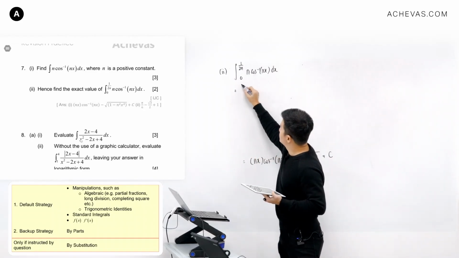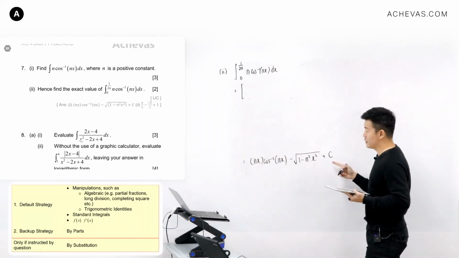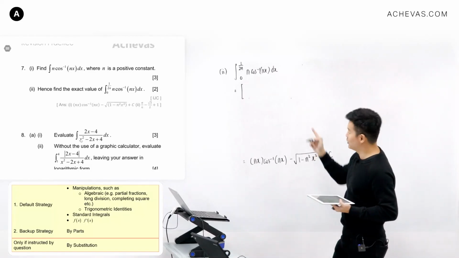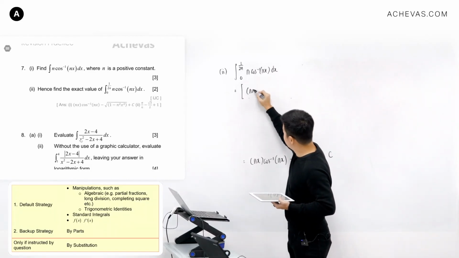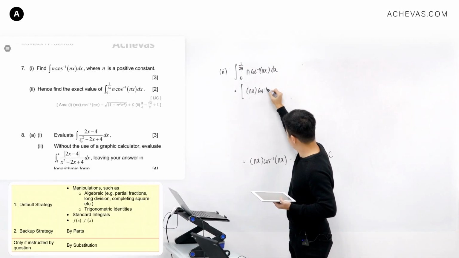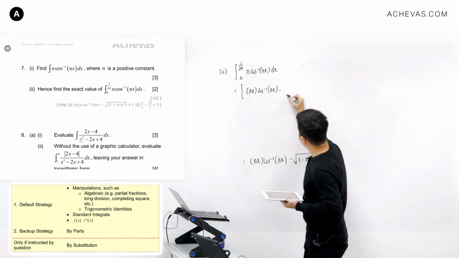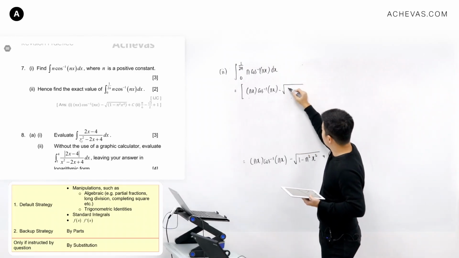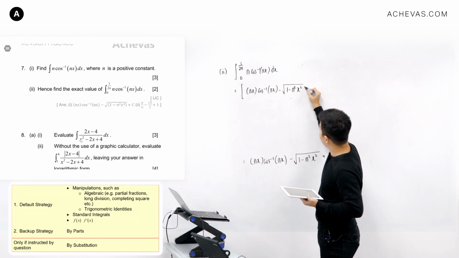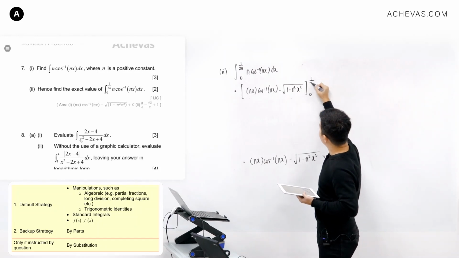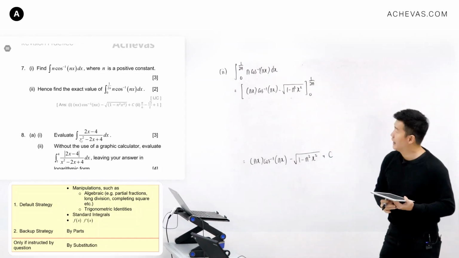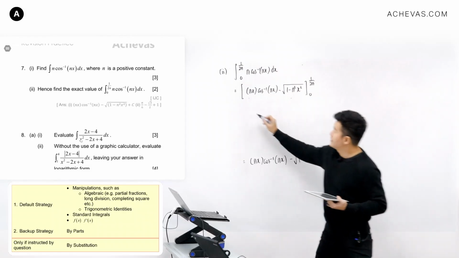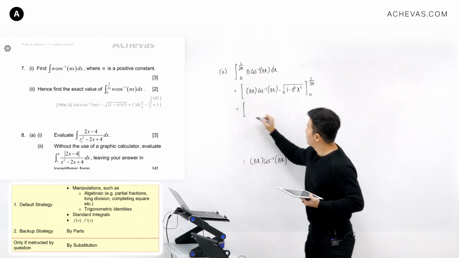So for this, I can now make use of this result, and I still cannot do cut and paste, so I'm going to just write it again. x cosine inverse nx minus away square root of 1 minus n square x square from 0 to 1 over 2n. Let's substitute the numbers in.